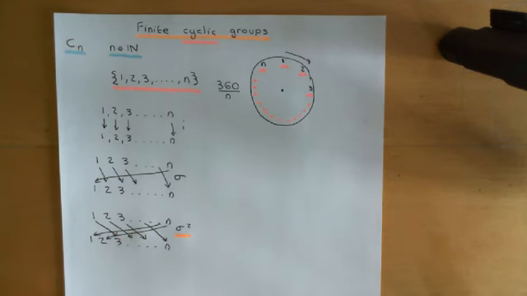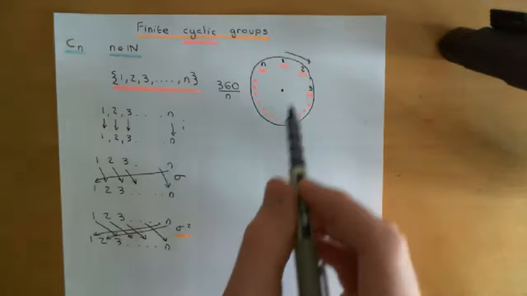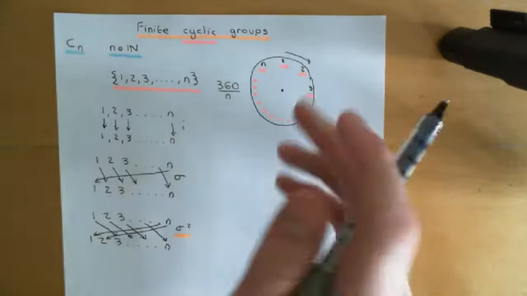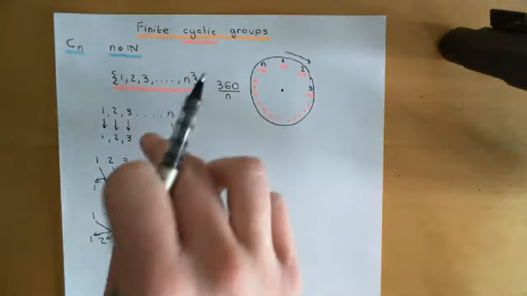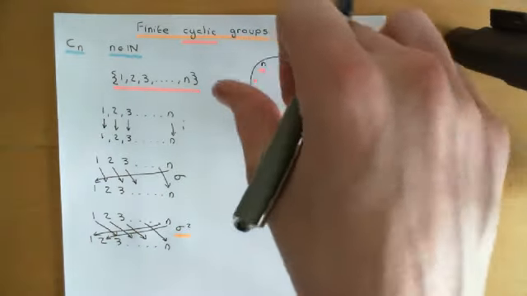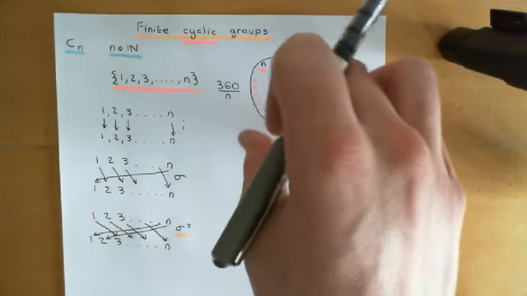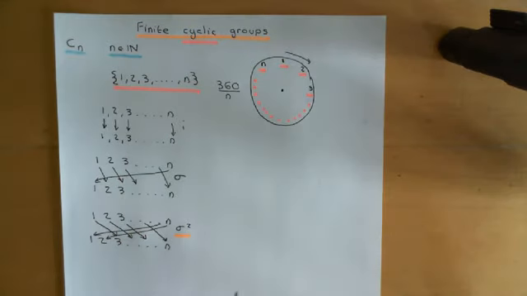To create the finite cyclic group Cn, what you do then is you create this set 1, 2, 3 all the way up to little n. You imagine sticking them around the edge of a disk, and then you create the permutations, which are called cyclic permutations, which can be thought of as being rotations of this disk. Okay, and then the composition law on these permutations is just going to be composition of the set permutations together.